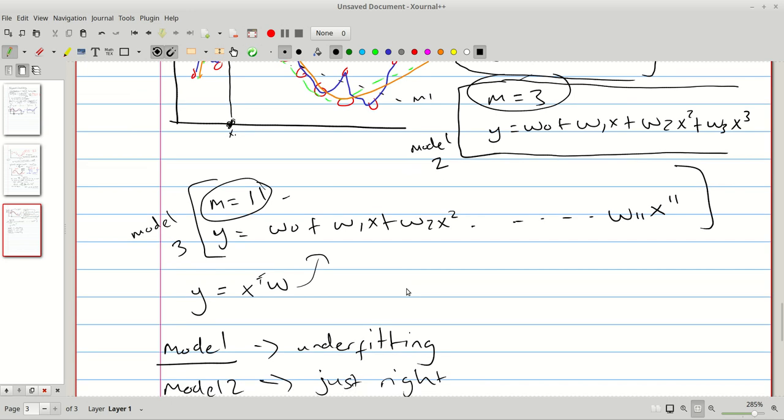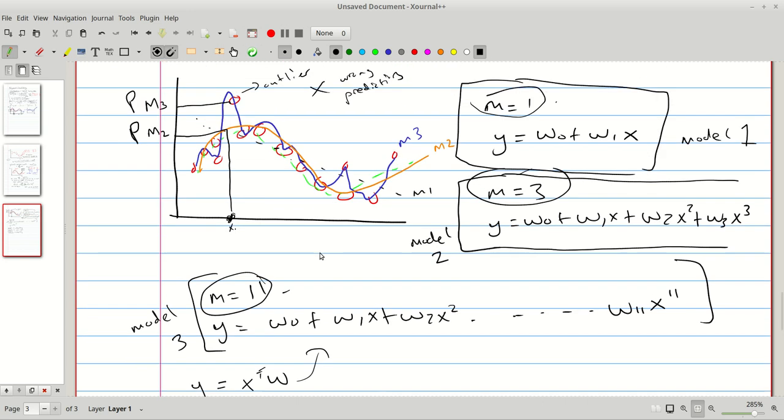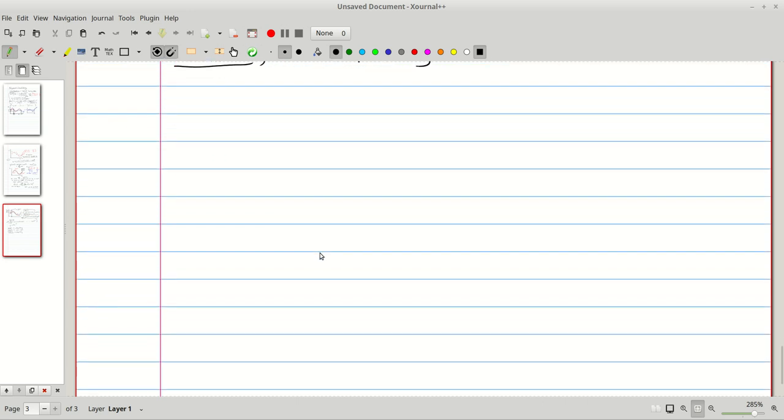So there are closed form ways of solving this. There are other methods such as gradient descent for finding the w's, and we're going to go through these things later on. But for now, I just want to keep things simple so that you understand on a high level what it is exactly that we're trying to achieve here.